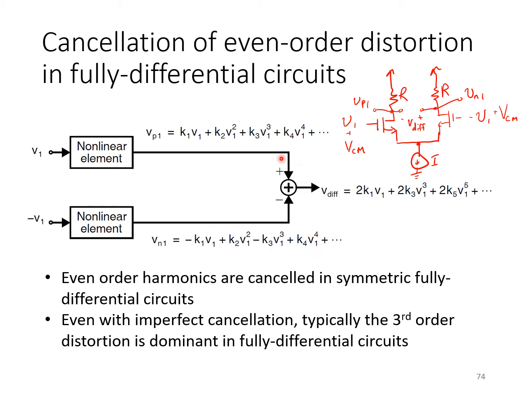So then, when you take the difference between the two half-circuit outputs, all the even order harmonic terms cancel each other perfectly. And you're therefore only left with the fundamental and all odd harmonics at the output. Again, we've neglected some mismatch, which would, if taken into account, give rise to small even order distortion terms. But certainly it's the case that the third order distortion term becomes the largest at the output.